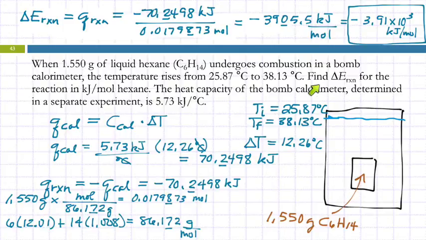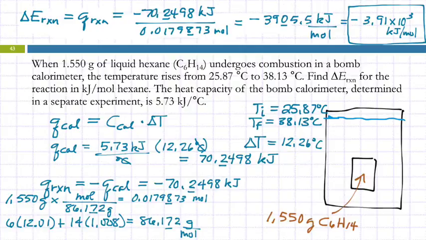Usually when we're writing delta E reaction, we're going to include the negative sign because that tells us this is an exothermic reaction. When hexane burns, it releases energy. If the question is asked, how much energy per mole is released, then we would express it as a positive number because the words tell us the direction. Any questions?